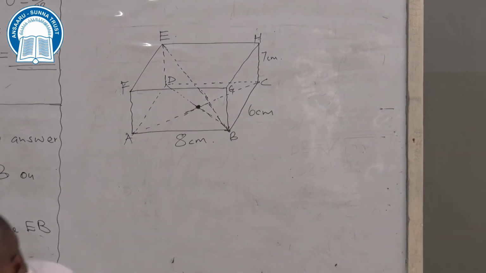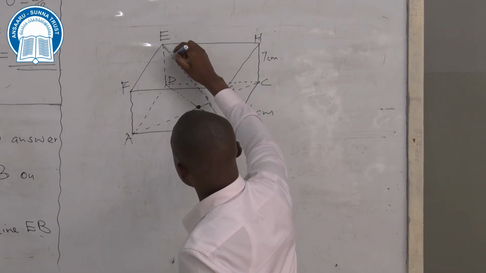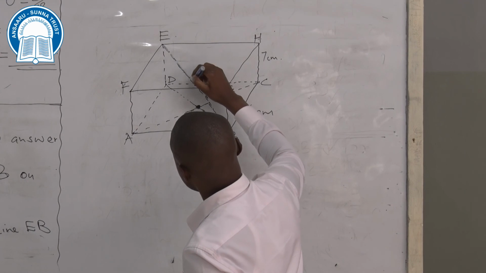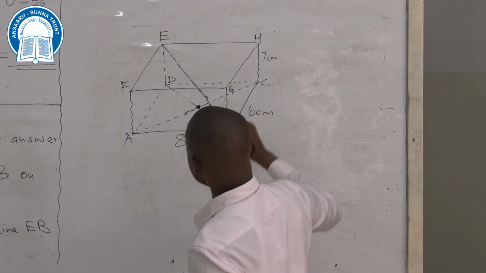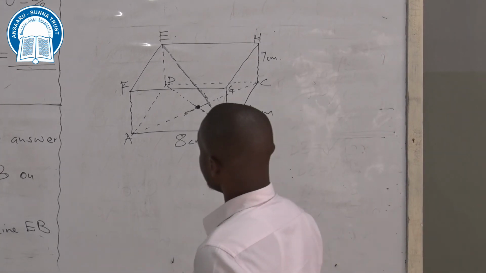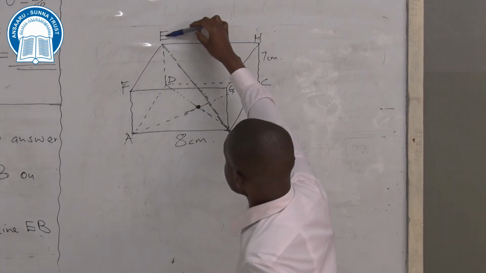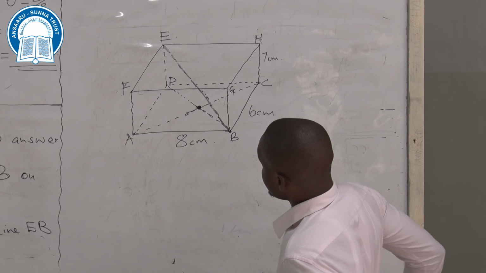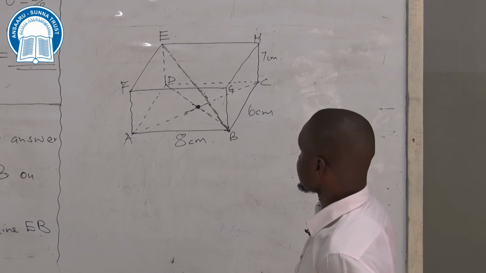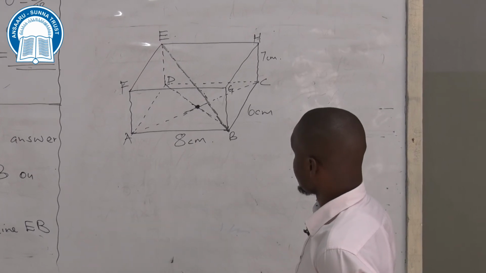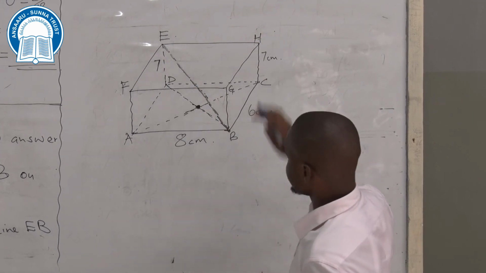And if it was okay, I would have used another pen so that you see what I'm talking about. But we're talking about the line there. That is the EB in question, so it is an imaginary line within. So the projection of EB, if you are seeing it very clearly there, you would see that the projection of EB is actually DB, where DE is 7, because it is the height.